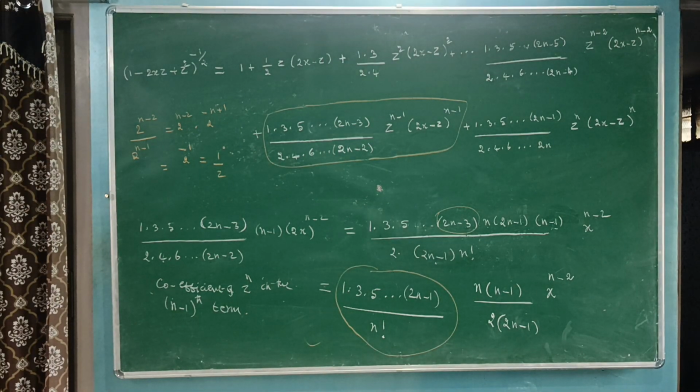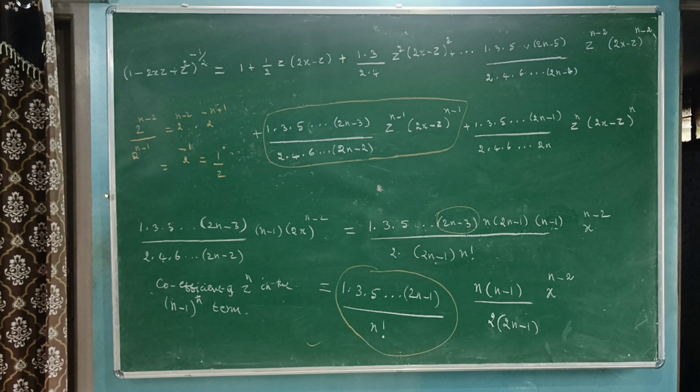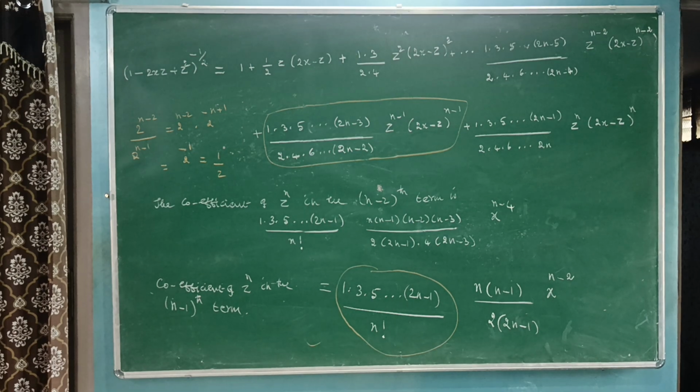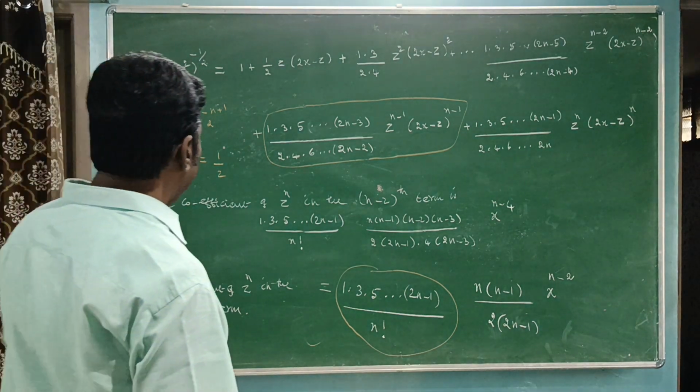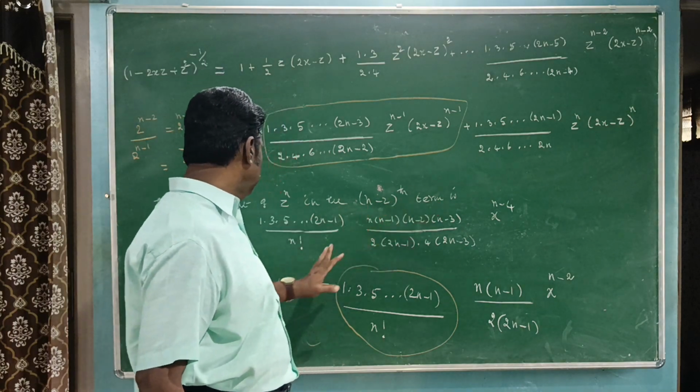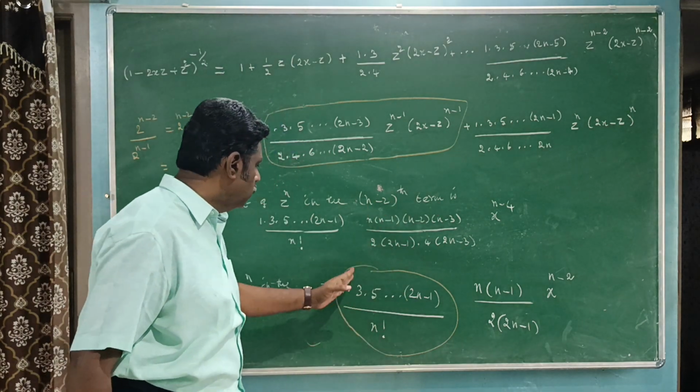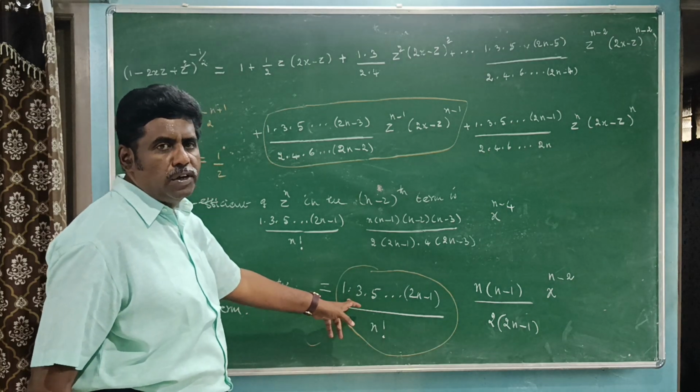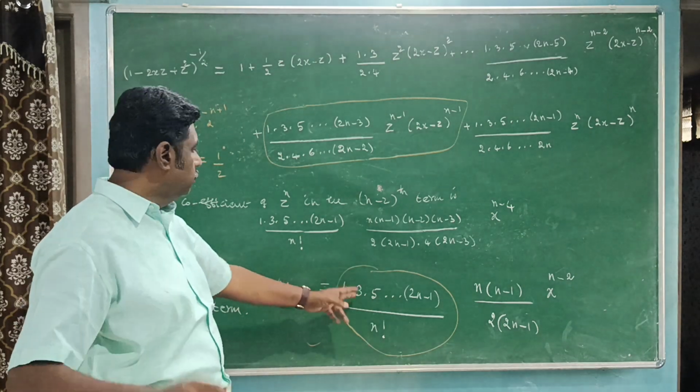In the same manner, we may write the coefficient of z power n in the n minus 2th term. Just rewrite this term. This is nothing but the coefficient of z power n in the nth term.